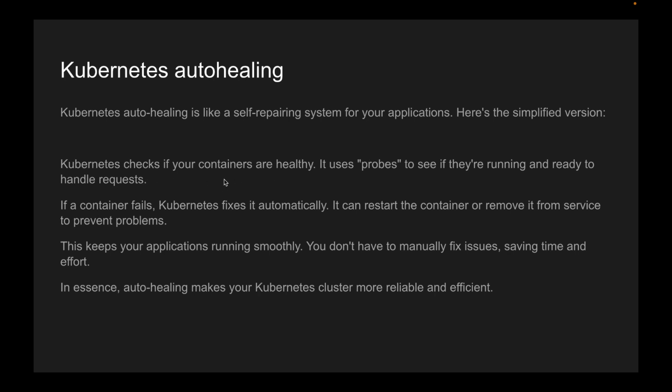Kubernetes checks if your containers are healthy. It uses probes to see if they are running and ready to handle requests. If a container fails, then Kubernetes fixes it automatically. Kubernetes restarts our container or removes it from a service to prevent problems.